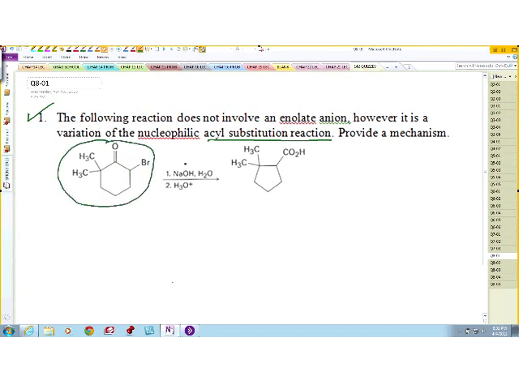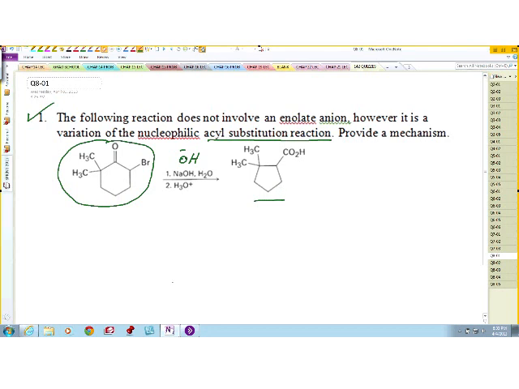And then we also have hydroxide in the form of sodium hydroxide. And this molecule has rearranged from a 6-member ring to a 5-member ring. So therefore we have to give the mechanism on how this rearrangement has occurred.